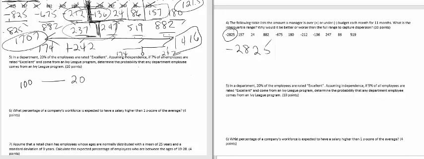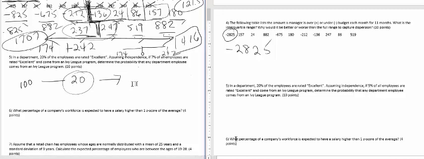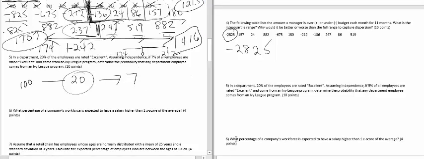But assuming independence, if 7% of all employees are rated excellent and come from an Ivy League program, in other words, these 20 get down to how many? 7. Determine the probability that any department employee comes from an Ivy League program.